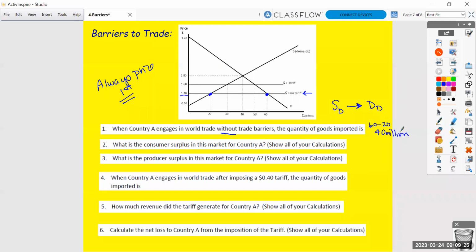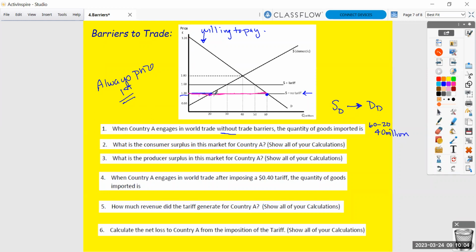For some of you this is going to be a reminder, for others it's going to be new. What is the consumer surplus in the market for country A? Remember that the consumer surplus is the difference between what they're willing to pay, that's our demand curve, and what they actually pay, which is right here. Pink is what they're actually paying, and the demand curve is what they're willing to pay.